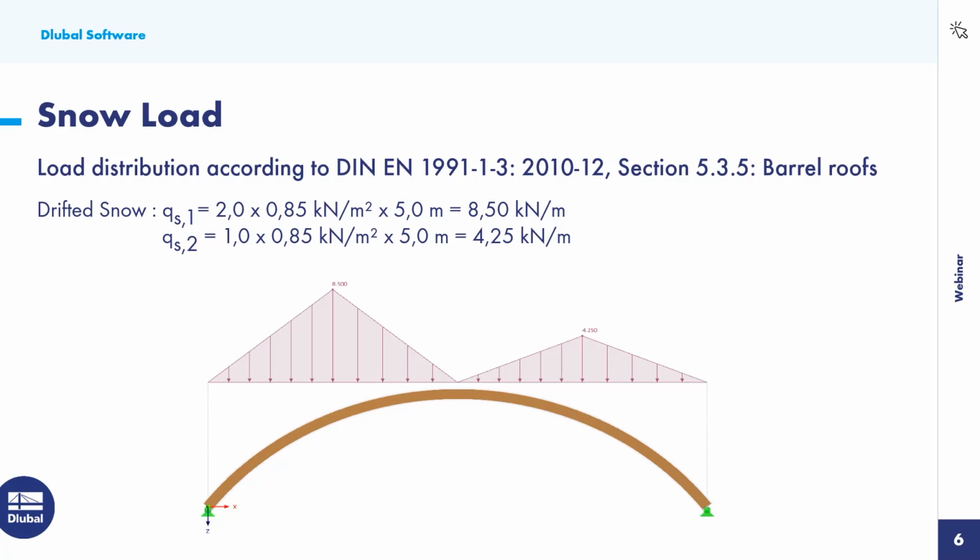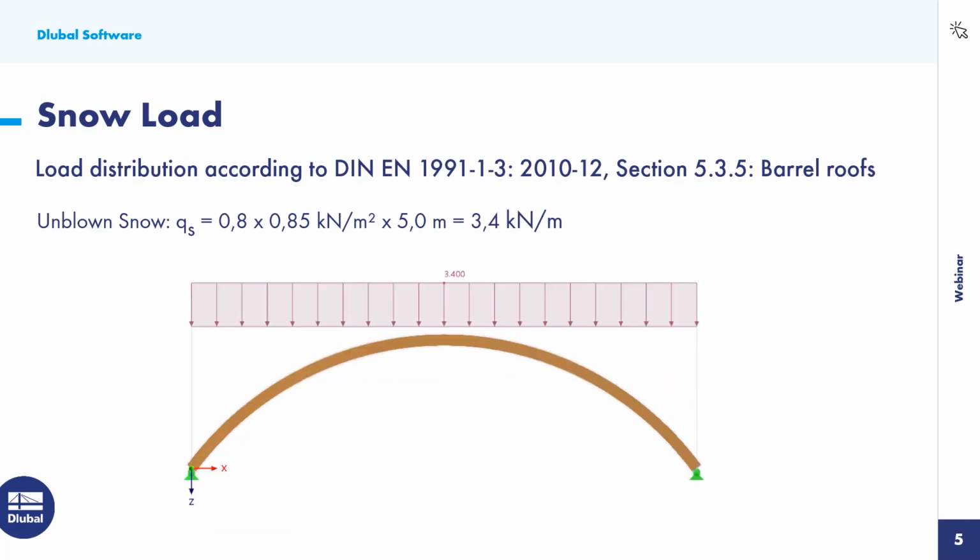I think that the values, you can understand what they mean. I cannot show the standards here because of copyright, but we have here the form coefficient, the characteristic snow load, and also the influence width, that for the unblown snow equals 3.4 kilonewtons per meter as a member set load.